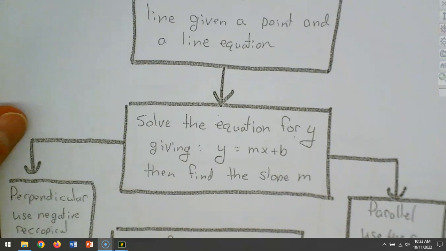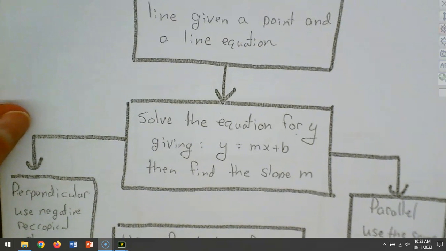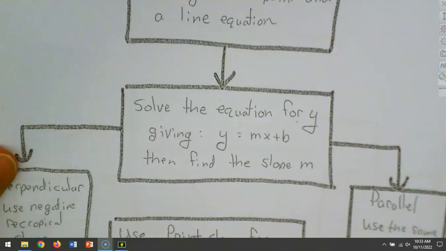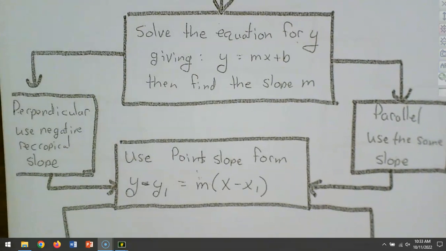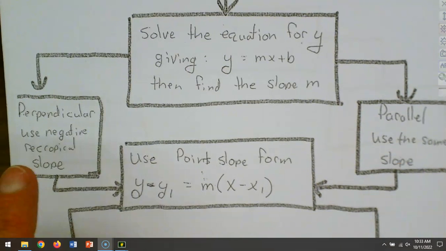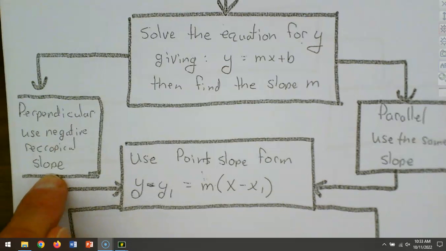So, what does it say to do? Take your equation and solve it for y. Then you find your slope. Now, if it's parallel, you use that same slope. You don't change it at all. If it's perpendicular, you're going to use the negative or the opposite reciprocal.